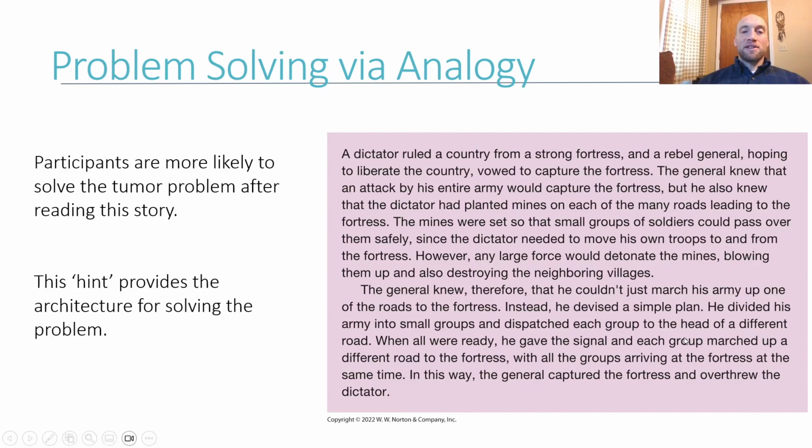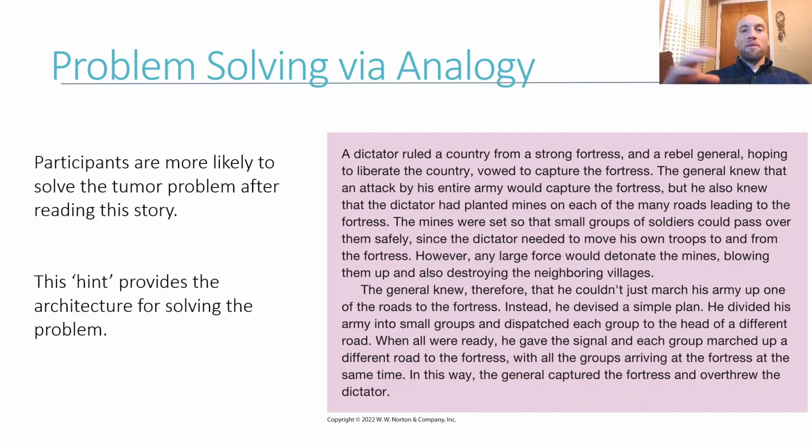And this hint, the dictator and fortress story, is priming them to think about the problem in a different way. They start using an analogy. Oh, I see the fortress as the tumor. And I want to get the soldiers to the fortress all at once.